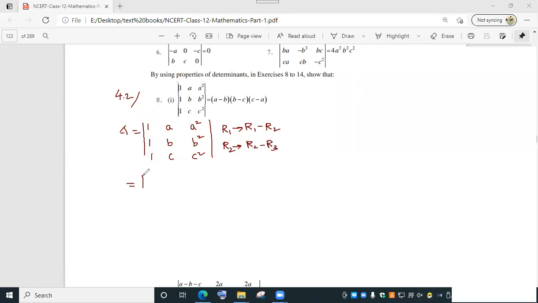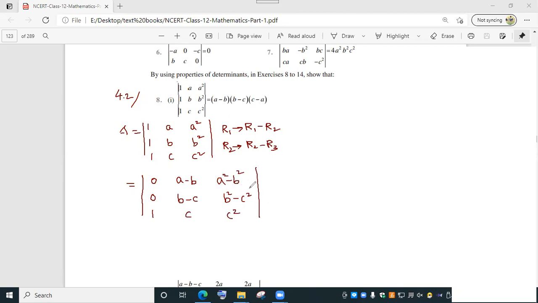First row, R1 minus R2 means 1 minus 1 0, a minus b, and this will become a square minus b square. Second row, 1 minus 1 0, b minus c, b square minus c square, and third row as it is.